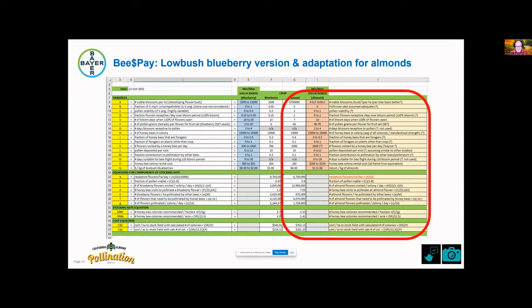Here we have a red box outlining the new section that was added for calculating honeybee stocking rates for almond. Stephen and I were not sure if the same variables would apply for the almond crop. We discovered, however, that most variables could be used as is, with only a few requiring modified definitions.